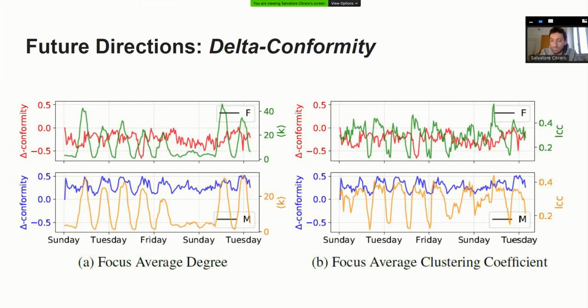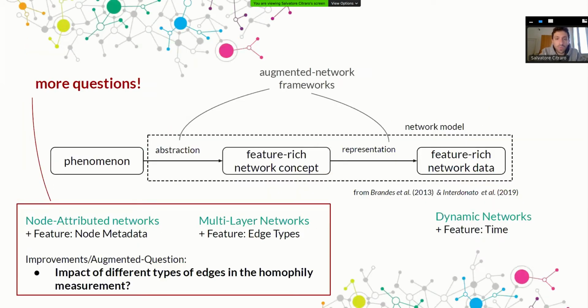And within the same interest in feature-rich models, it's also the same if we combine node-attributed networks and multi-layer networks. Here the question can be, what is the impact of different layers on the homophily contribution in a social network?